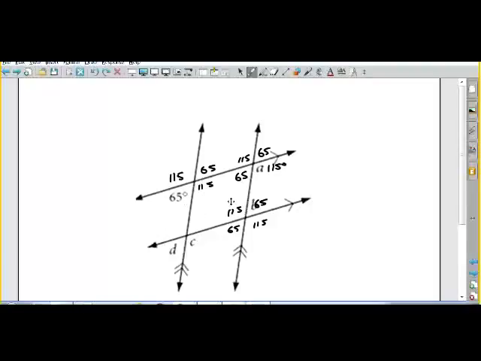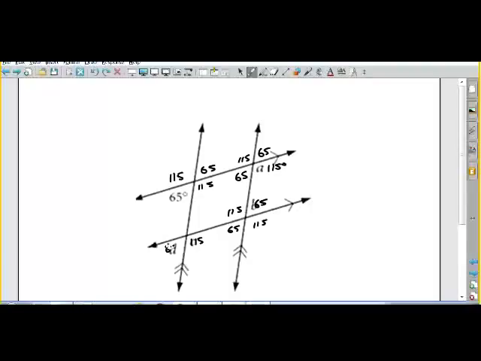Now we move around to this side, just going around clockwise. Again, we're comparing these two parallel lines with this transversal. So C is going to be, who do we have here? Miranda. Yeah, 115.